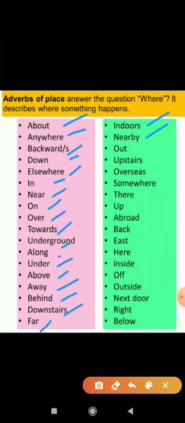Indoors, nearby, out, upstairs, overseas, somewhere, there, up, abroad, back, east, here, inside, off, outside, next door, right, and below.